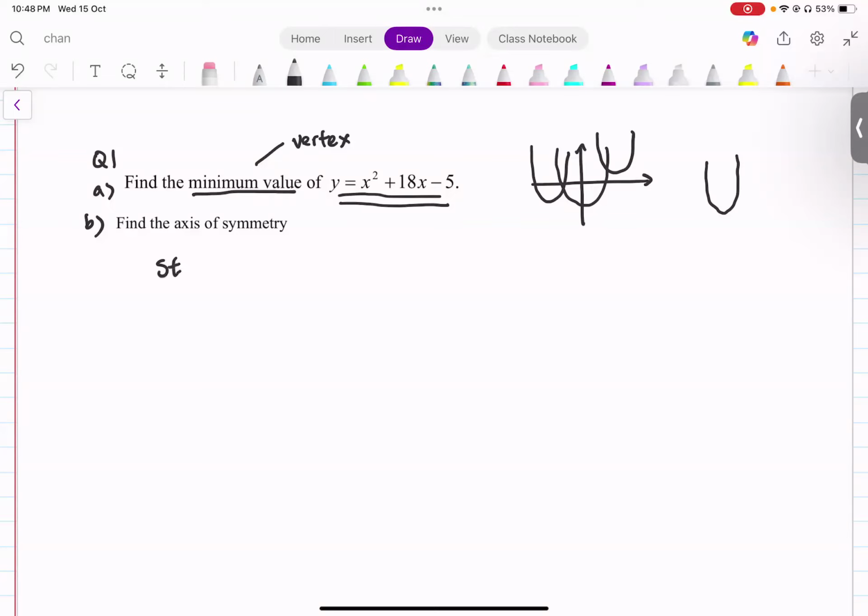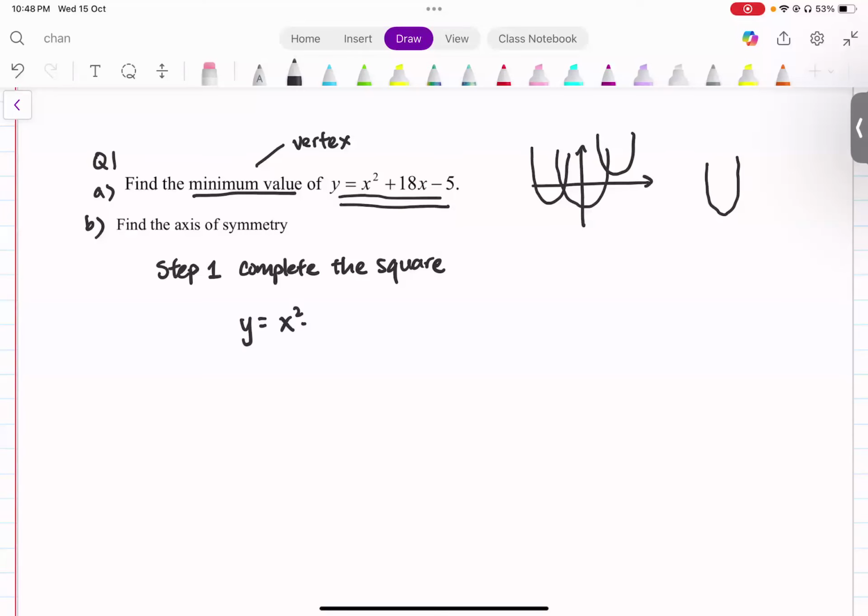Step one, complete the squares. We talked about this earlier. Completing the squares, we need to go like this: 18 divided by 2 squared, minus 5, and then minus 18 over 2 squared.